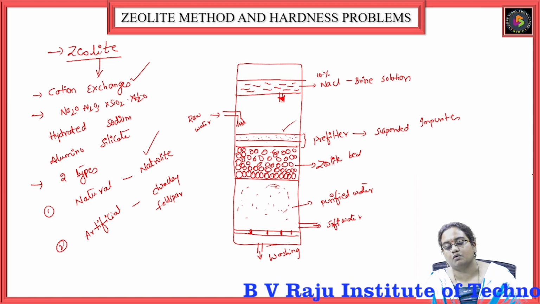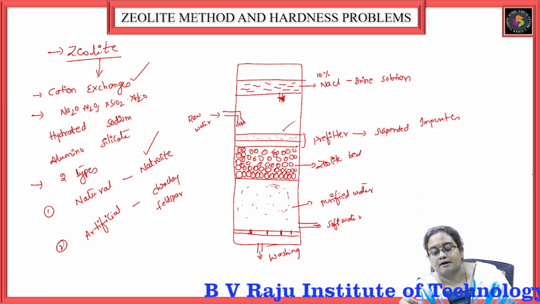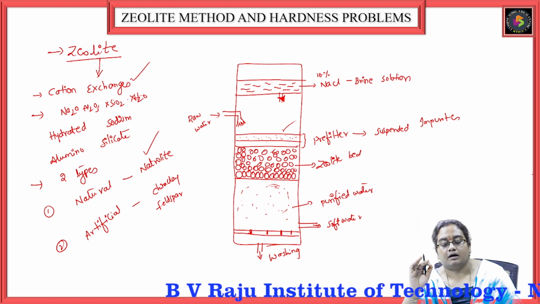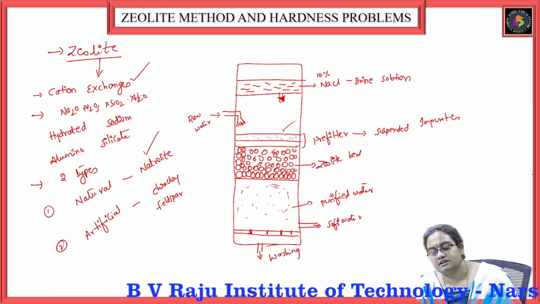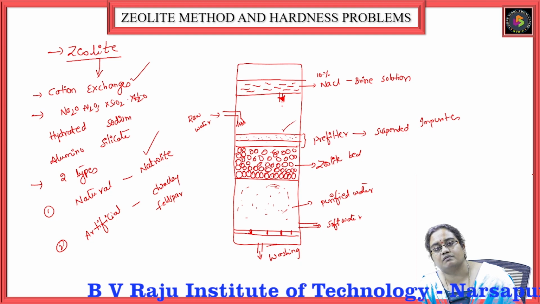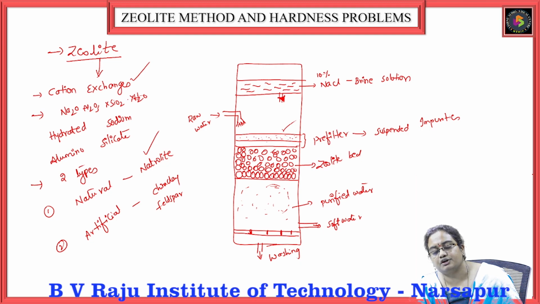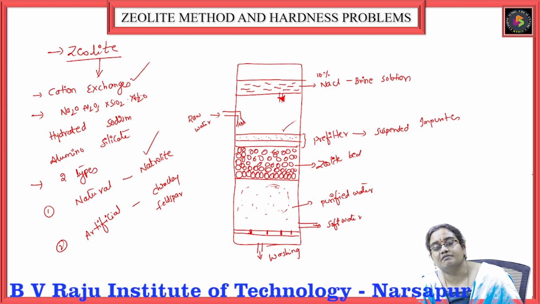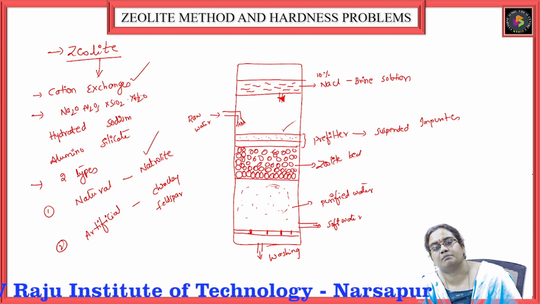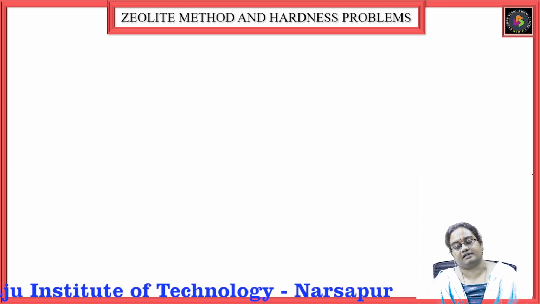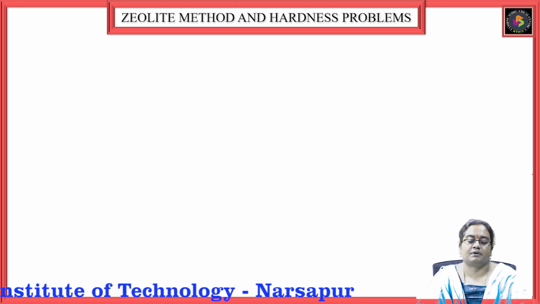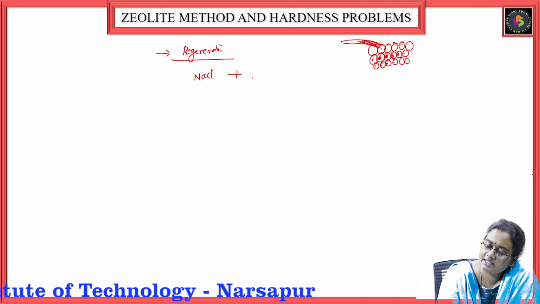So now it's time to discuss this. Whenever the zeolite gets exhausted, we close this tap. When this tap is closed, what will happen? The brine solution enters into your zeolite bed. Whenever the brine solution enters the zeolite bed, it undergoes regeneration.